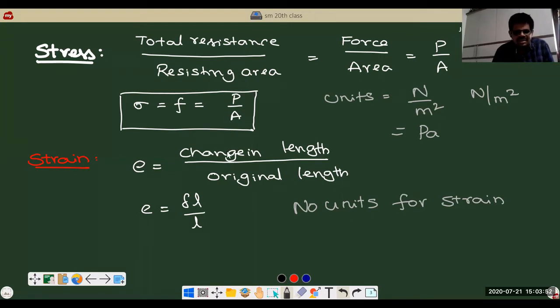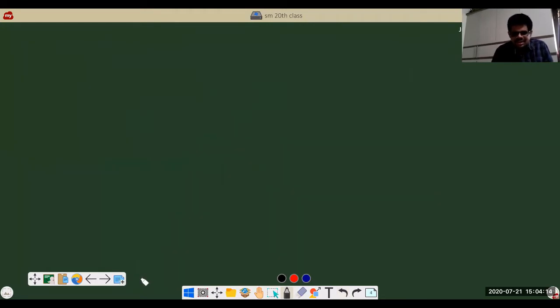Now you have to determine the change in length or change in dimension in some cases. If you want to determine the change in length, then you must be given the following data. Before that, I shall explain one more thing. In the last class, I explained about Hooke's law.